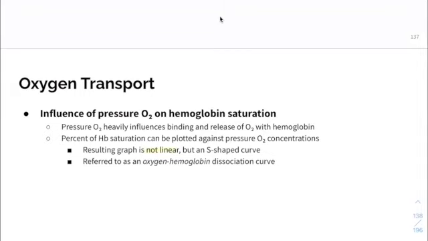The graph is not going to be linear. A linear graph is something like this. This is a linear graph. Instead, it's going to be more of an S shape, an S curve. And it's called the oxygen hemoglobin dissociation curve.